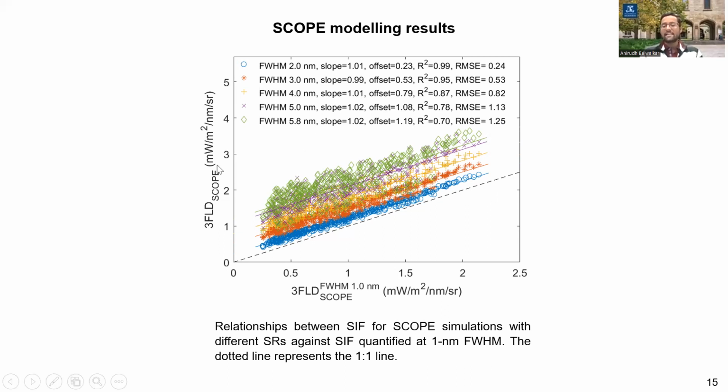The offset of the linear relationship with the 3FLD increased with FWHM from 2 to 5.8 nanometer, while the slope remained constant. These differences in SIF values based on the spectral resolution of the sensor are in agreement with the results obtained for the experimental study.